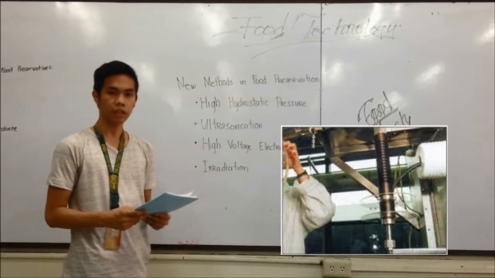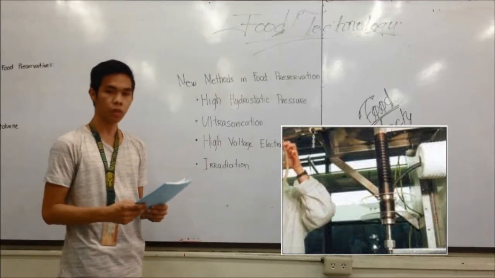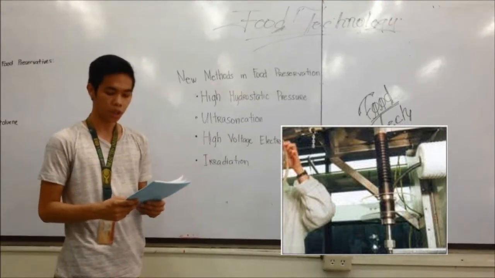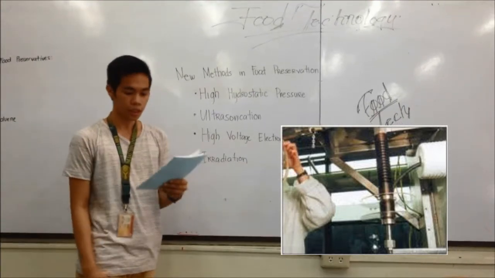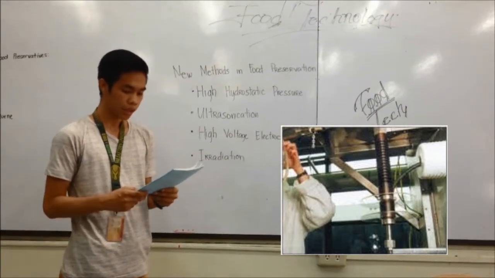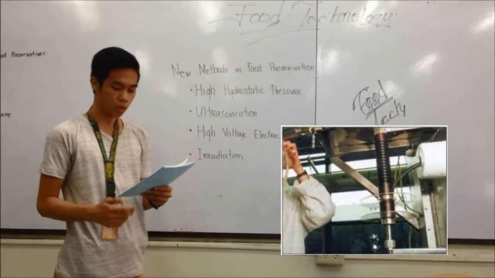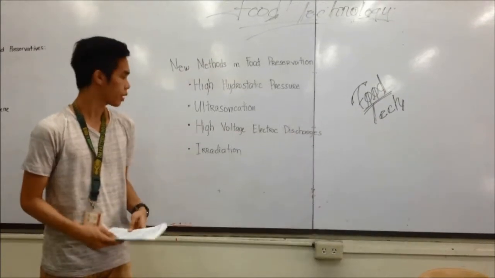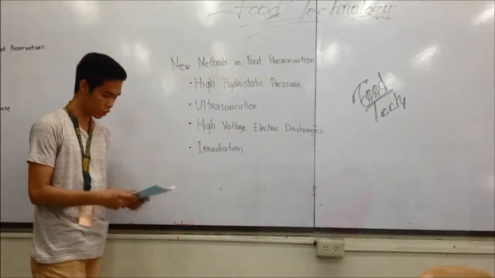Voltage gradients in the region of 20 to 60 kilovolts per centimeter are used, delivered in series of microsecond pulses at pulse repetition rates sufficiently low to avoid too much heating. And lastly, the irradiation.